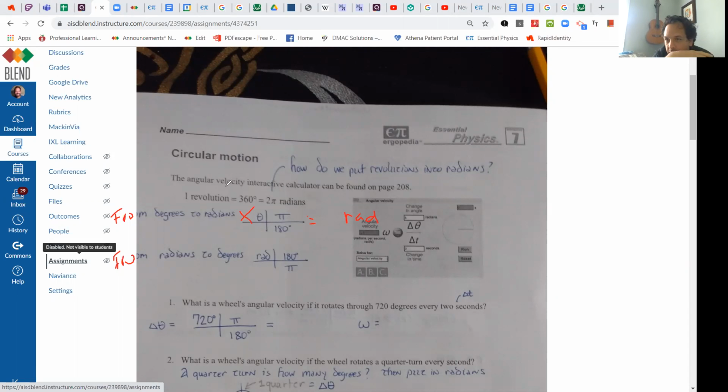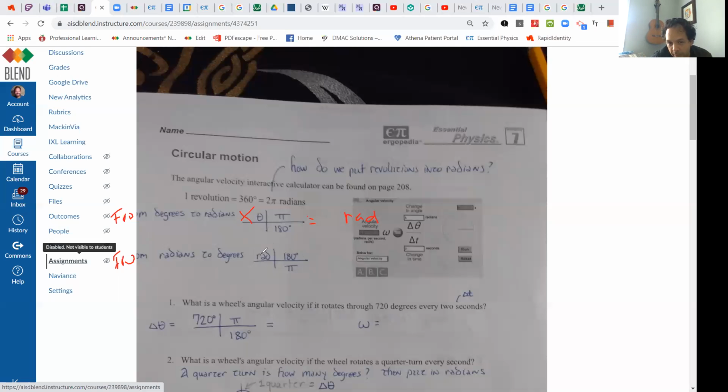Sometimes, instead of saying radians all the time, they say rads. I think they write it as rad, but it's pronounced radians, so they're kind of like newtons and N. If you want to go from radians to degrees, you just flip the conversion factor.